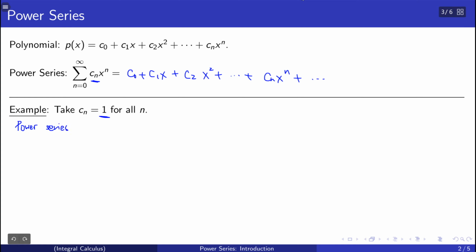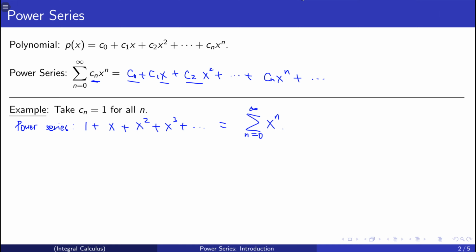So c0 is just 1, c1 is just 1, so it's 1 times x, c sub 2 is 1, so it's just 1 times x squared, right? And you just plug in 1 for each coefficient. And this is what it looks like: the sum from n equals 0 to infinity of just x to the nth power.